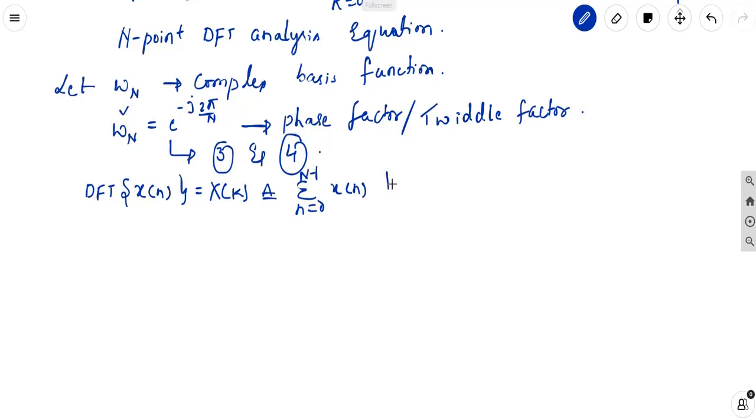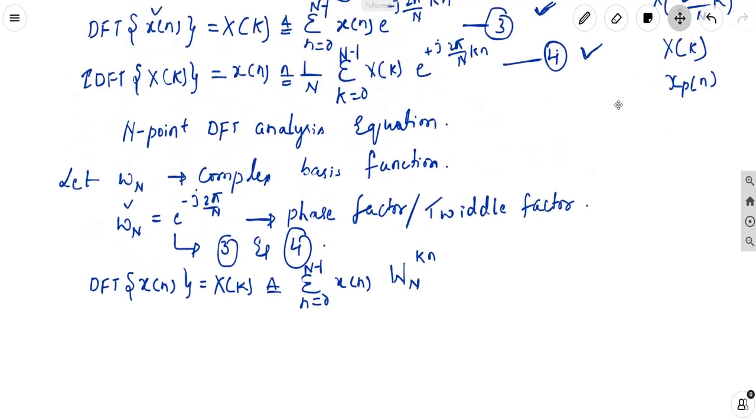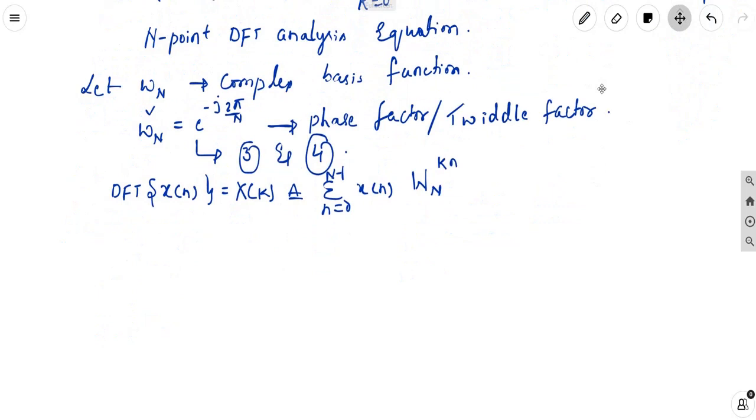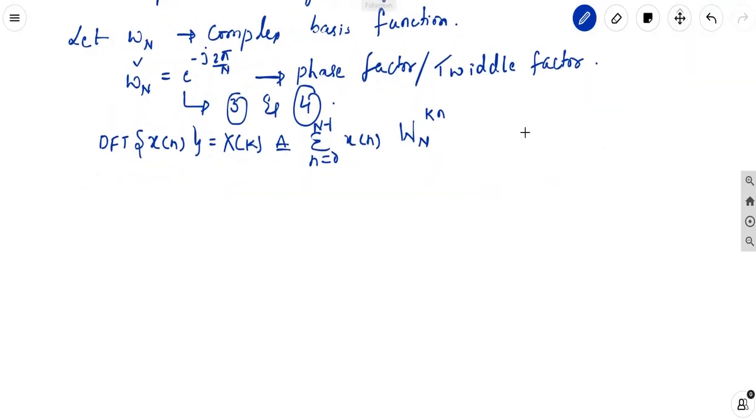So this becomes omega N to the power kn. The kn is left, so you can see a kn here and a kn here. This becomes my equation 5, and I am going to define the range of k: 0, 1, up to N minus 1.